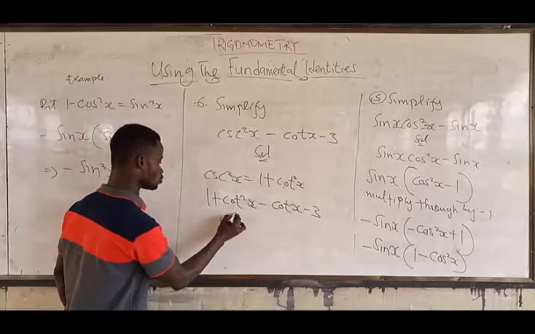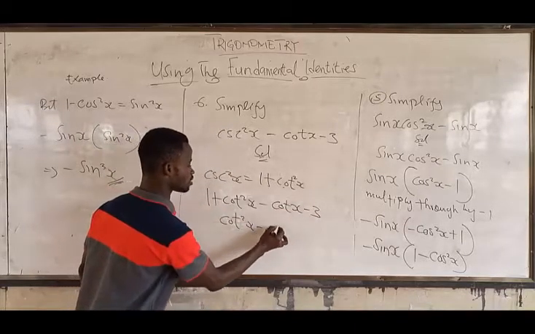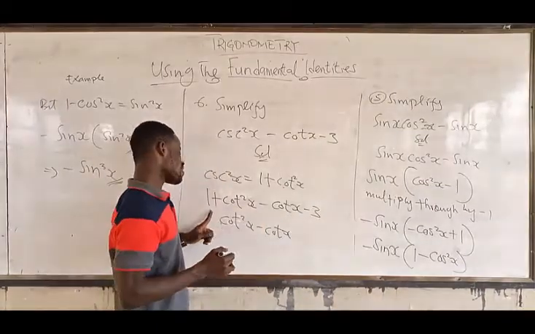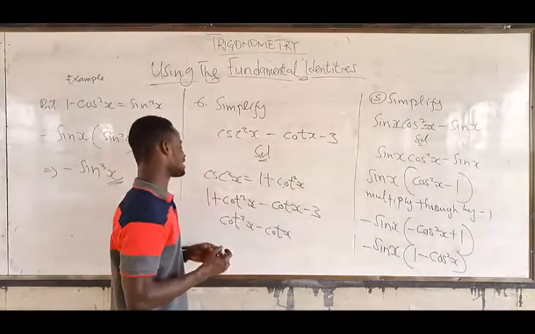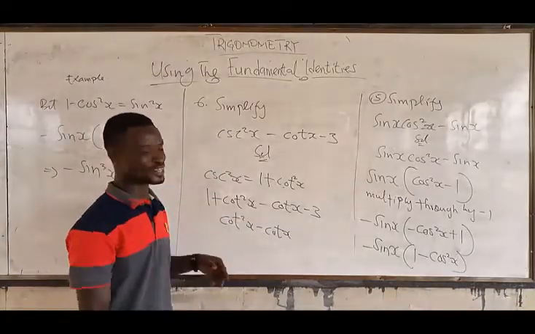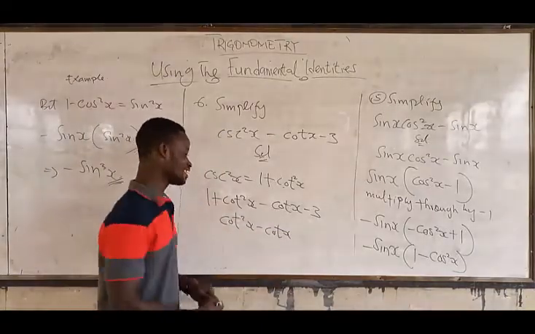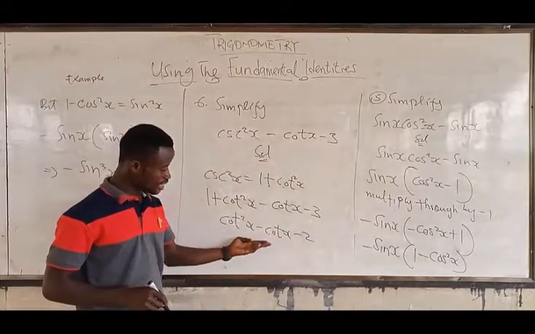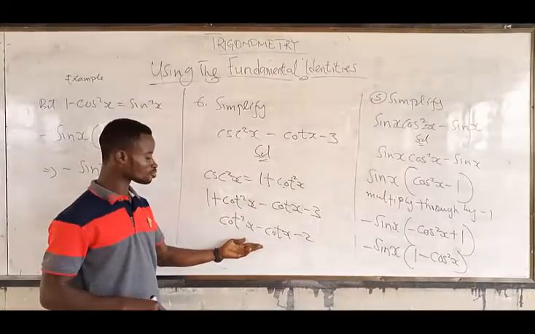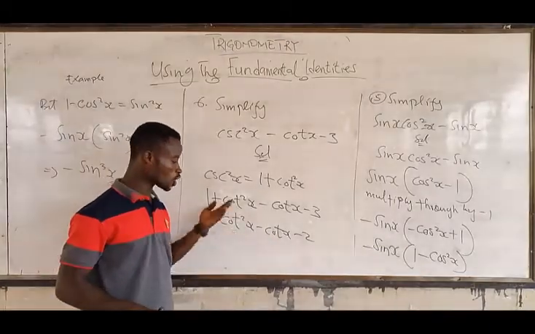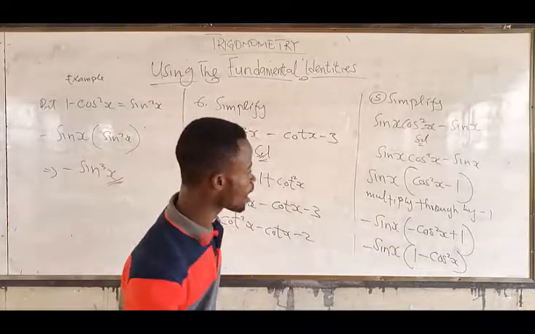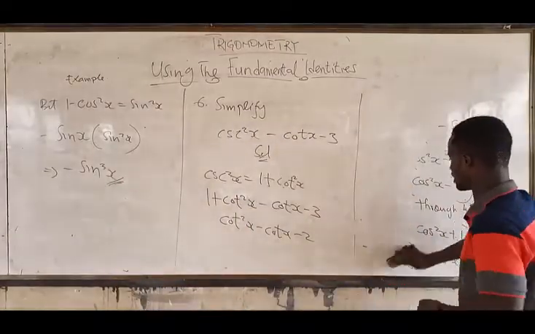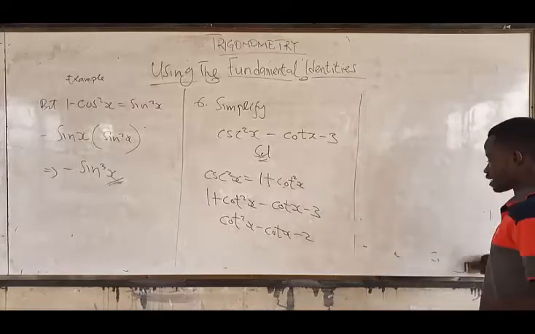Now this is going to give you cos square x minus cos x, then 1 minus 3, you get minus 2. So you can see that this is in the same function because it's called cos. Just that one is squared and the other is not. But it's still the same function. We can do something to it.